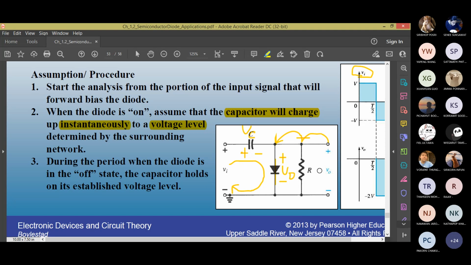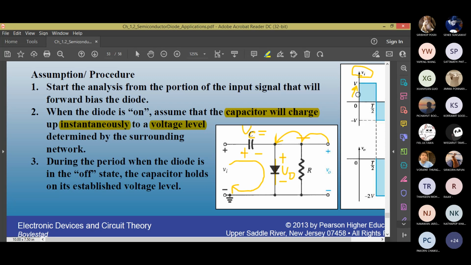Or you can say, instead of V out, you can say VD. VI minus VC minus 0 equals 0. KVL loop for the left loop. So what is VC then? From this equation, VI minus VC minus 0 equals 0. What is VC? VC is the same as VI. What is the value of VI?